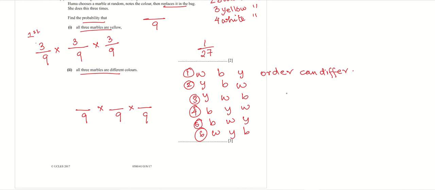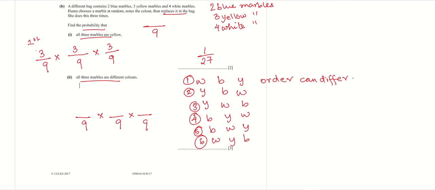So basically what you have to do for W, how many W were there? White, there were 4 out of 9 multiplied by, blue is 2, so 2 out of 9 multiplied by Y, yellow. Yellow is 3 out of 9.